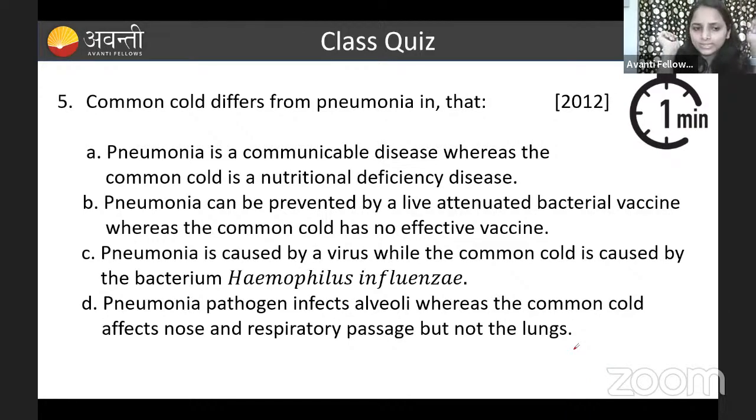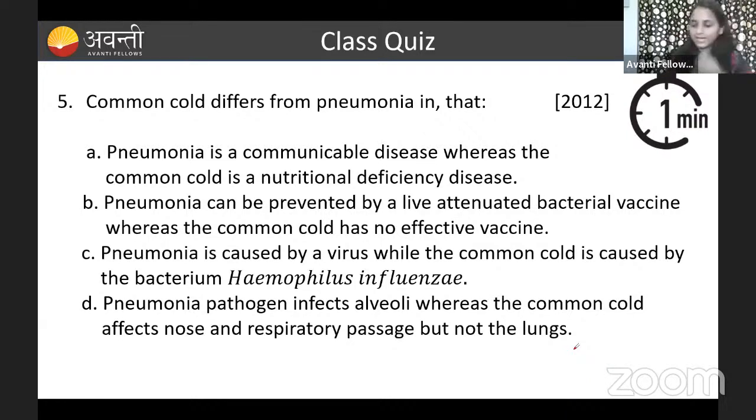Option C, pneumonia is caused by a virus, while common cold is caused by the bacterium Haemophilus influenzae. Option D, pneumonia pathogen infects alveoli, whereas the common cold affects the nose and the respiratory passage, but not the lungs.